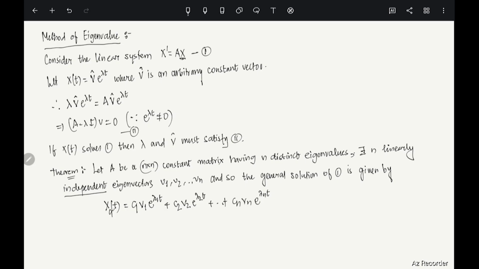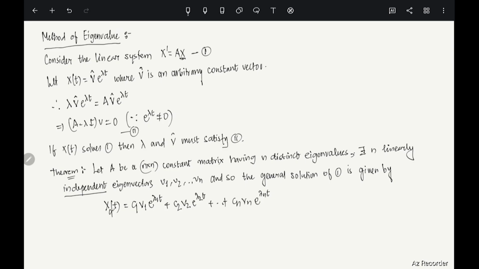Clear? Now if initial data is given, then you can precisely calculate what c1, c2, cn are, and then your solution is also going to be a unique solution. You can compare this with the fundamental matrix and the matrix exponential.